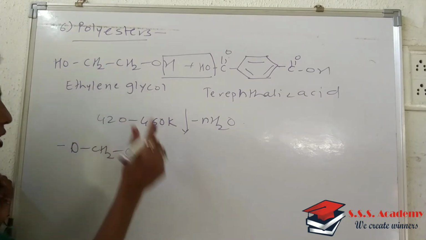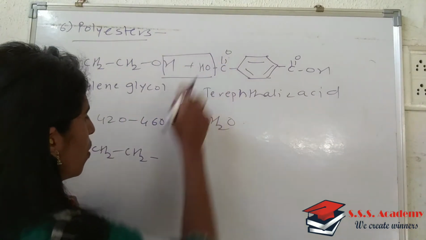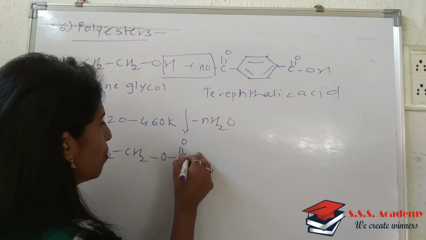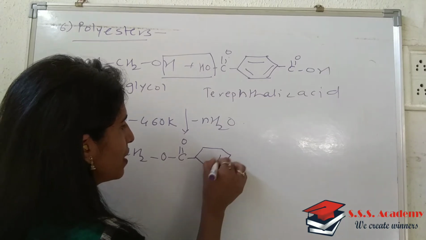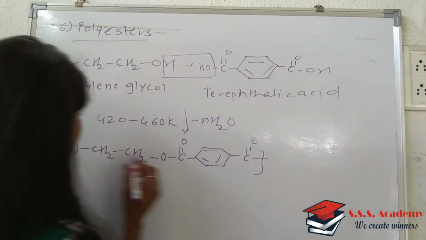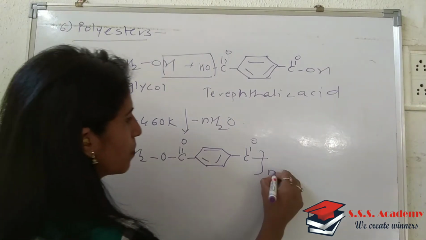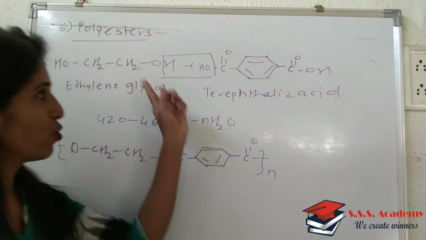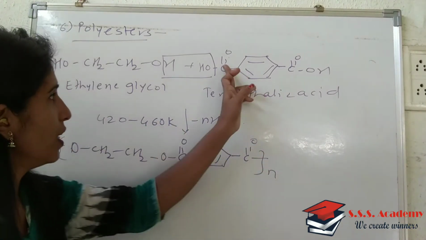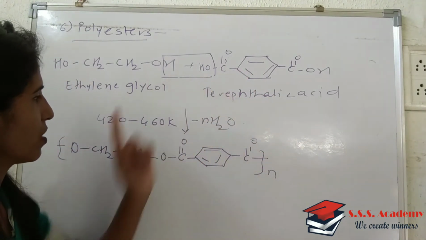Then there is removal of water, so we will remove water. So this oxygen as it is, then this is C double bond O, then the benzene ring again and the C double bond O. And this is the structure for that monomer. So these two monomers undergo the condensation polymerization. It removes the water.